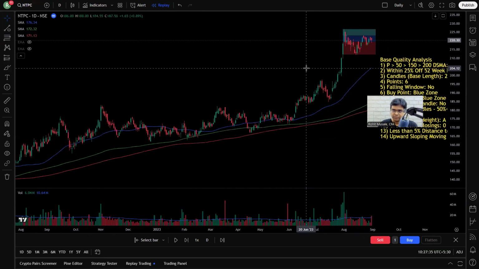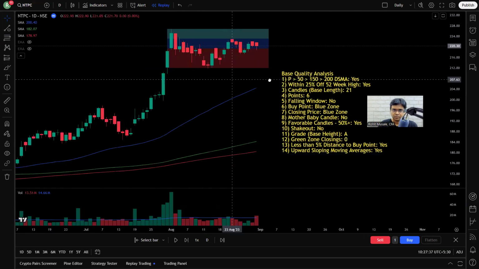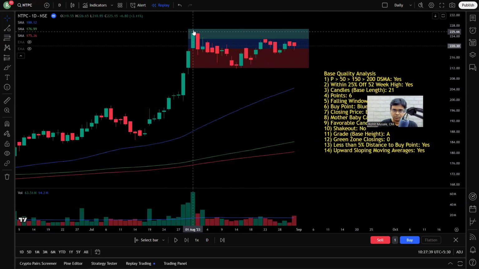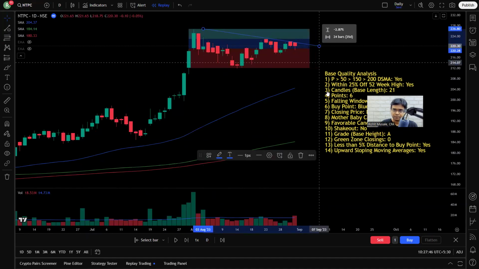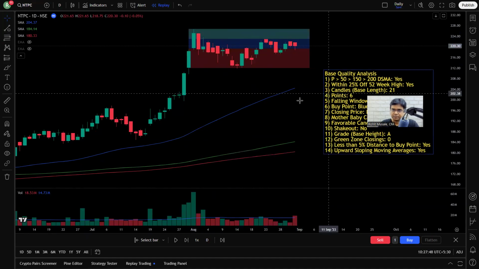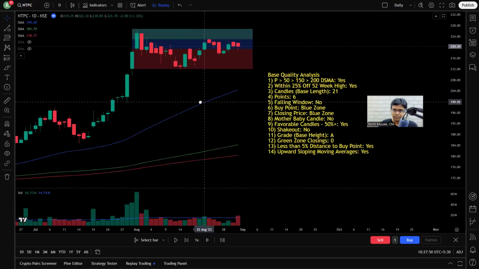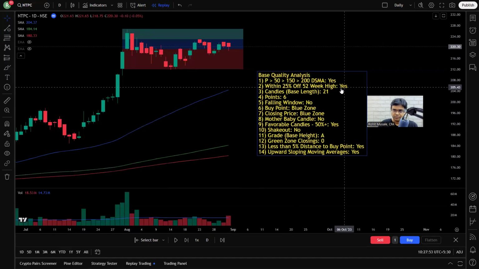This is the highest price. That's the 52-week high. What is the current price relative to the 52-week high? It's less than 3% below the 52-week high, correct? So it is within 25% of 52-week high.